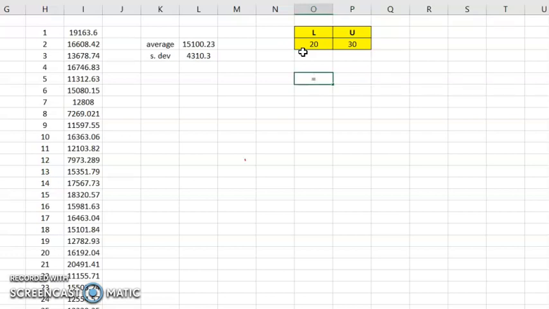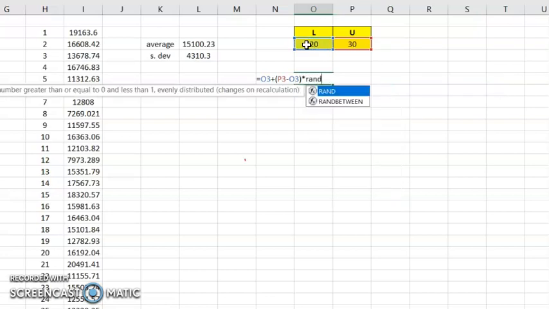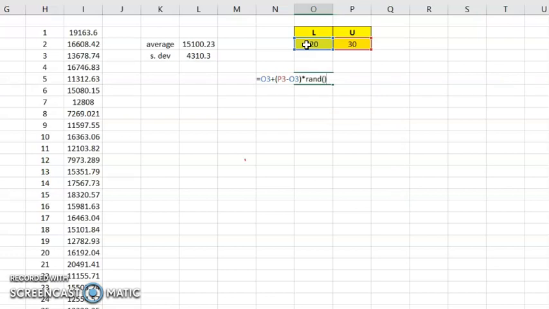The formula starts with equal. If you remember, the first thing is the lower number, so I put the lower number, plus the length of the range, that is upper bound minus lower bound, and all these times our lovely rand function.